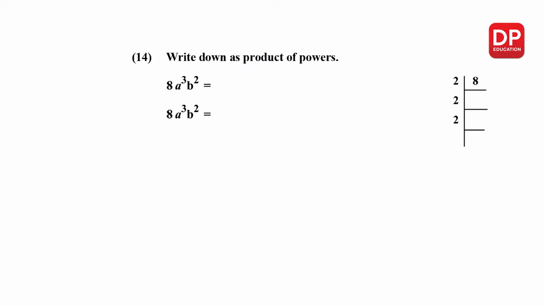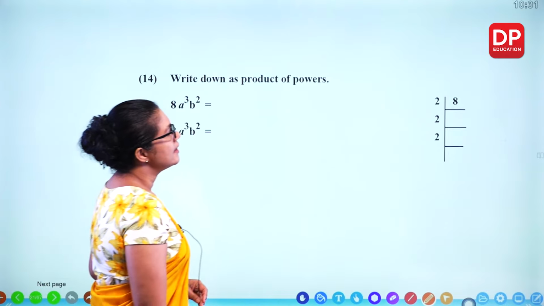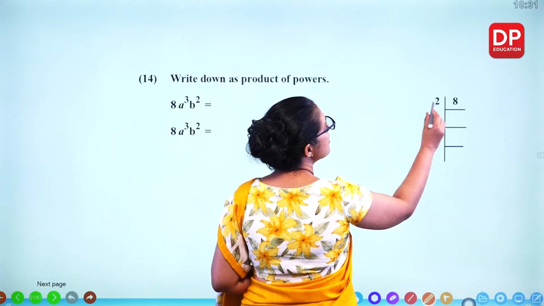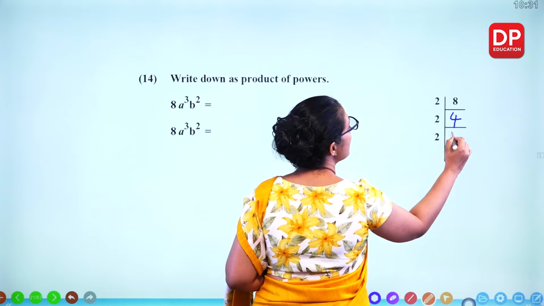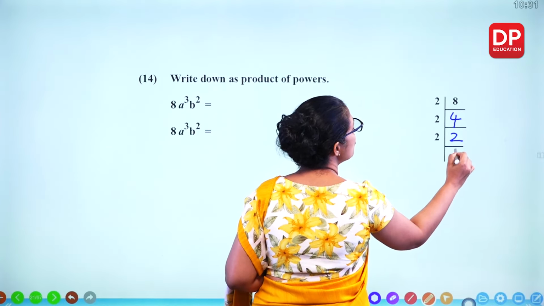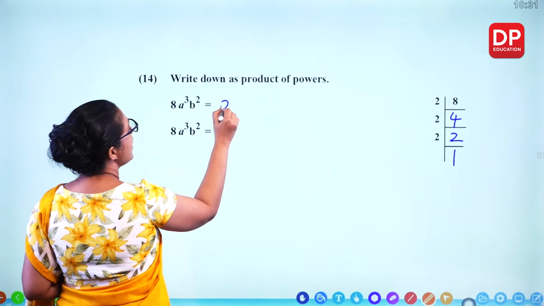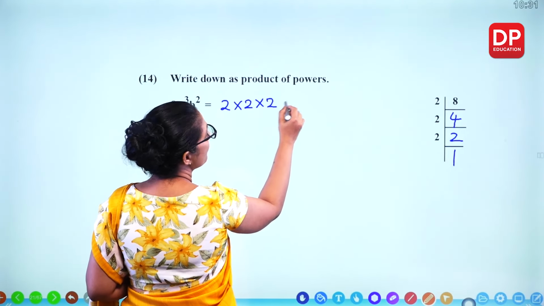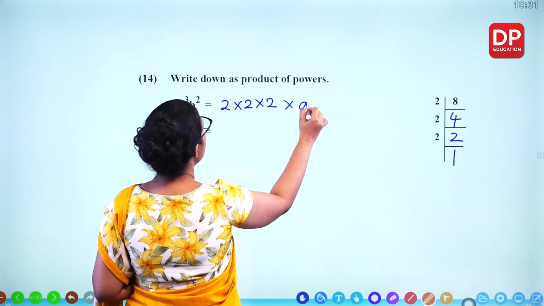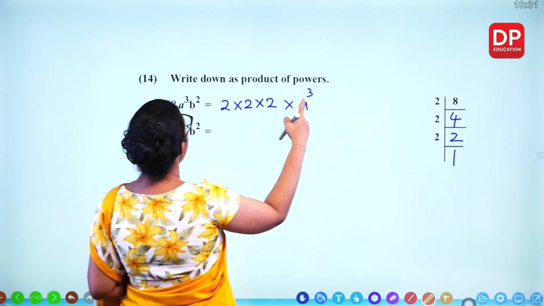Write down as a product of powers. So we need to look at 8. When you take 8, you can divide by 2 and write 4. Divide by 2 again, that's 2. Divide by 2 again, you get 1. So 8 I can write as 2 times 2 times 2 times A cubed and B squared.